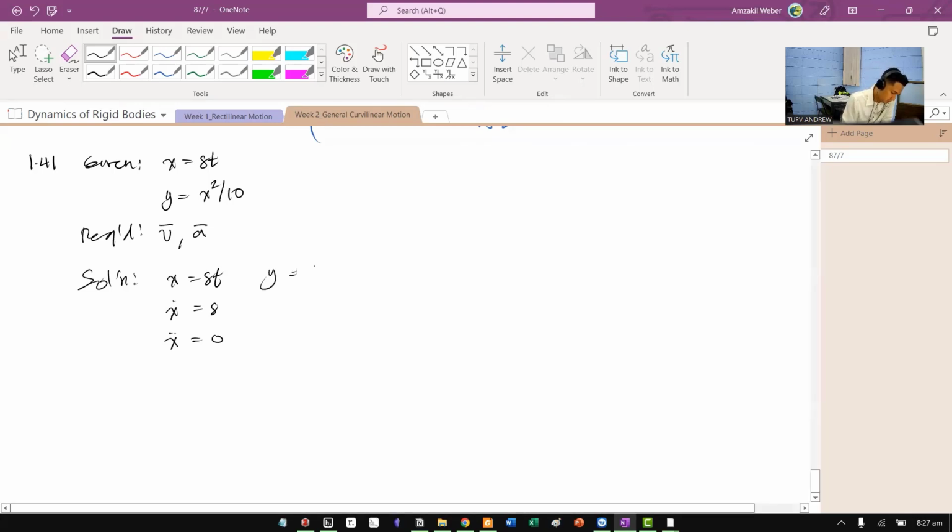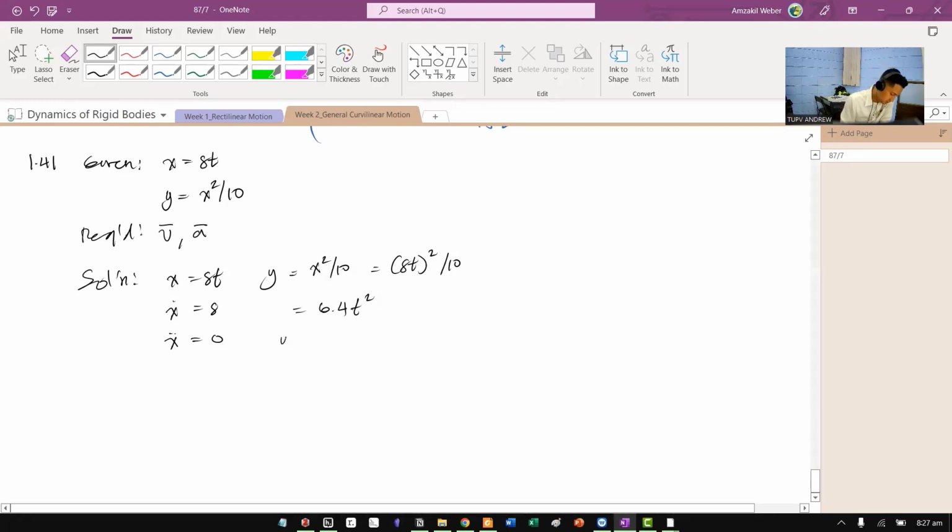So y is equals to x squared over 10. Let's plug in. 8t squared divided by 10. So this would be 64 divided by 10 is 6.4 t squared. So this is now the displacement y as a function of time.